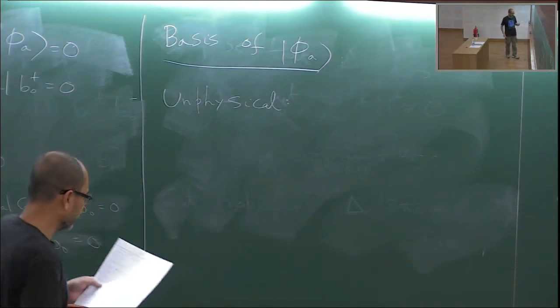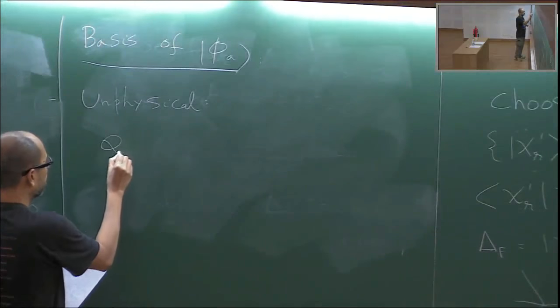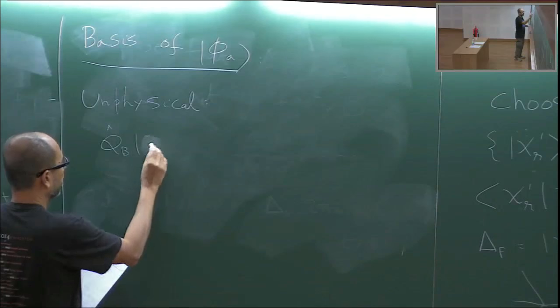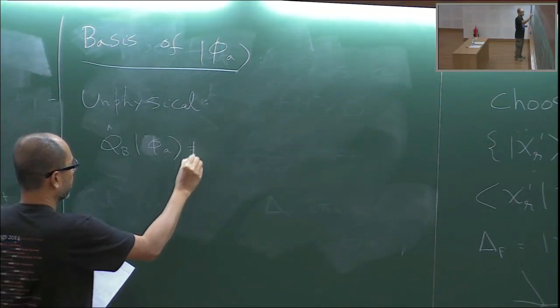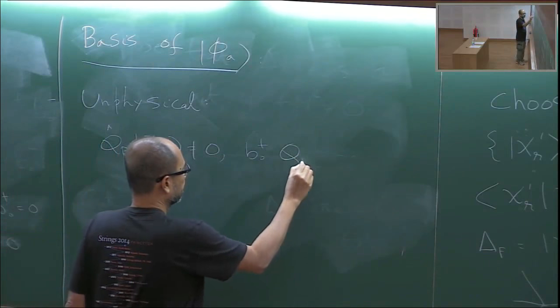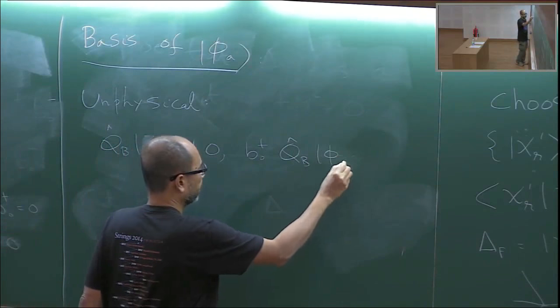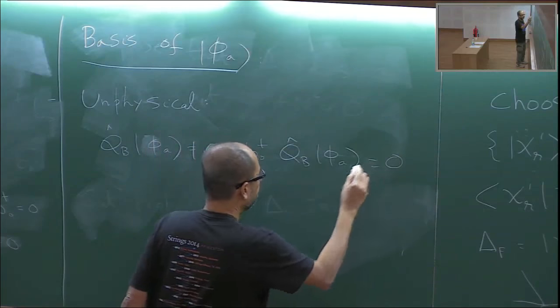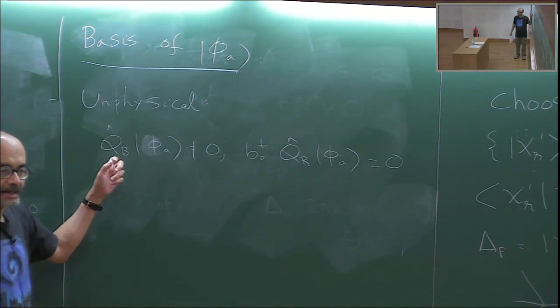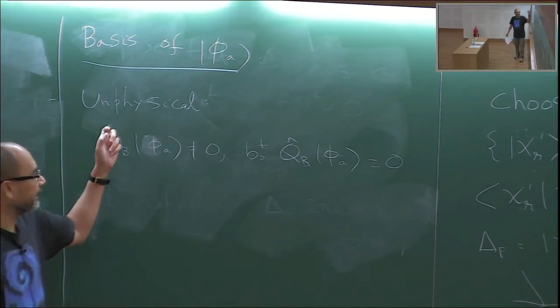Unphysical states will be those which satisfy that QB hat phi A is not equal to 0, but B naught plus QB hat phi A is 0. Phi A has to satisfy B naught plus QB hat phi A equal to 0; you only classify states which satisfy this. But if phi A itself doesn't get annihilated by QB hat, that we declare as unphysical.